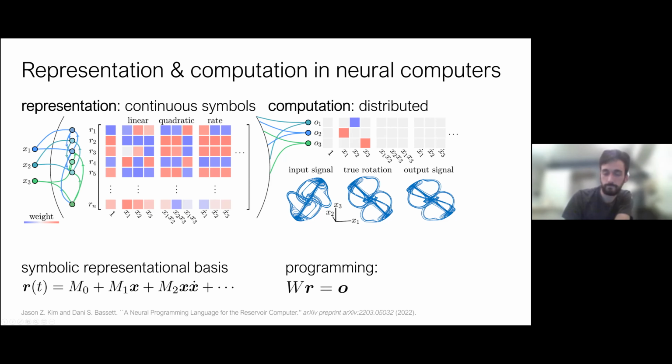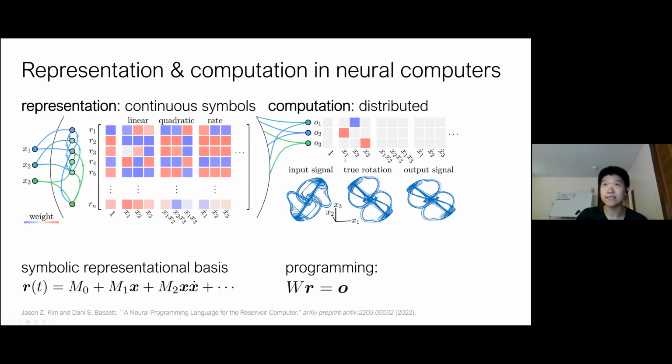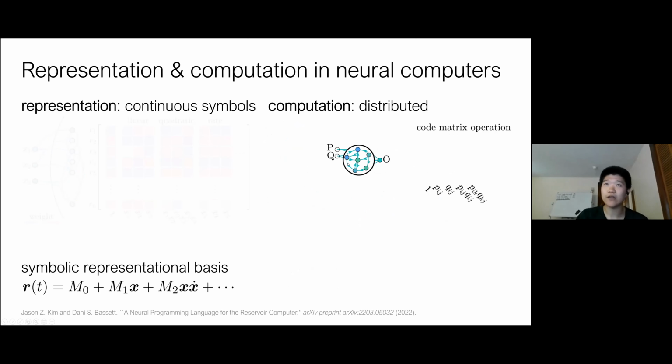Cool. So let's move on to some actual computations, right? Rather than just rotating a signal, let's say I give my neural network two inputs, P and Q, and I want it to perform some matrix operation on them.